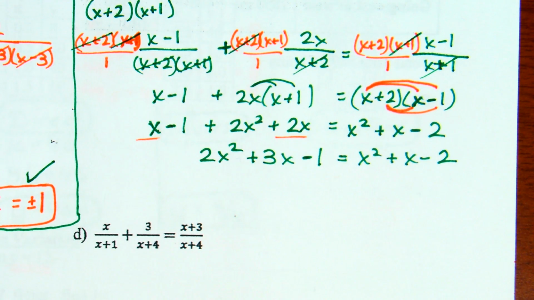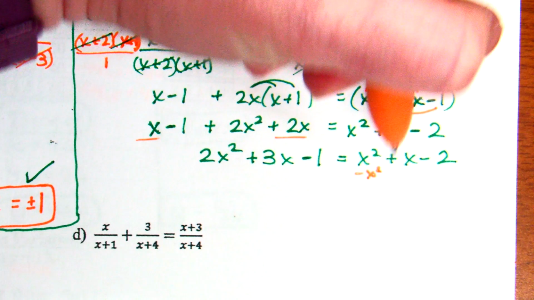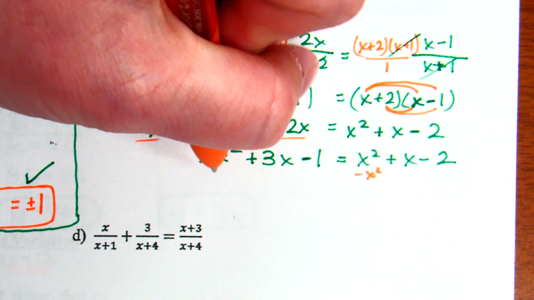I have a positive 2x squared here and an x squared here, so the easiest thing to do is to subtract x squared. If I subtract x squared on the right, subtract x squared on the left. At this point, that means I'm making my right equal to 0.